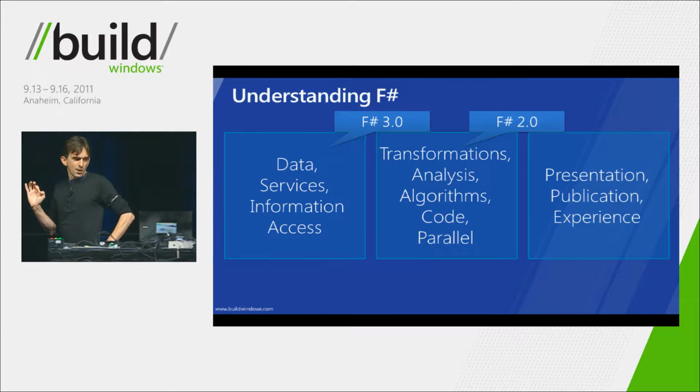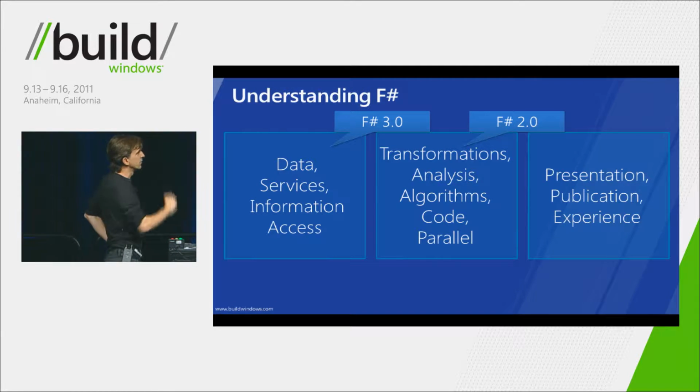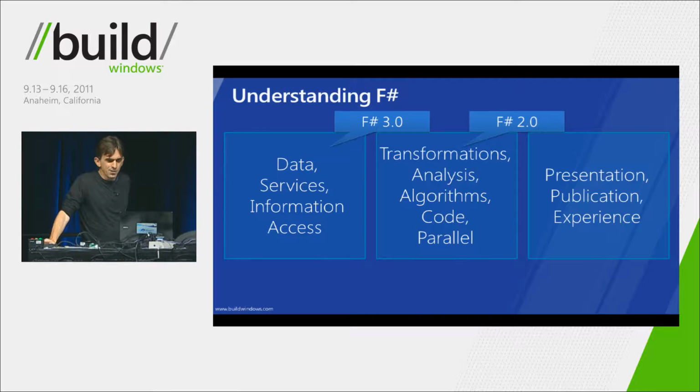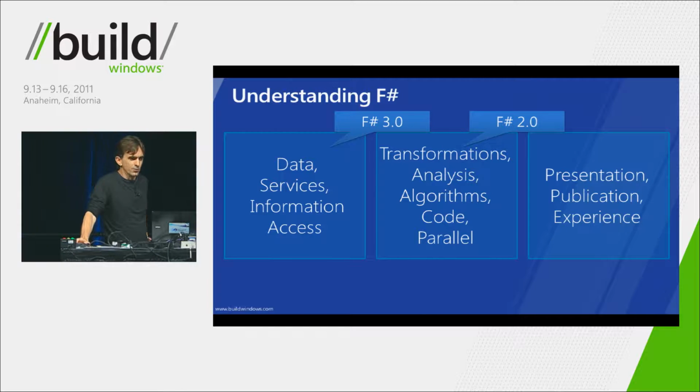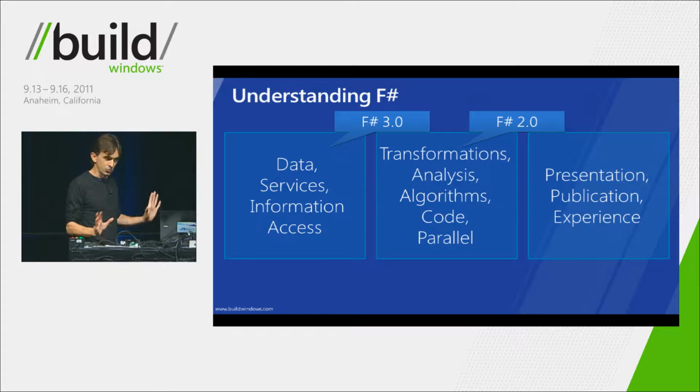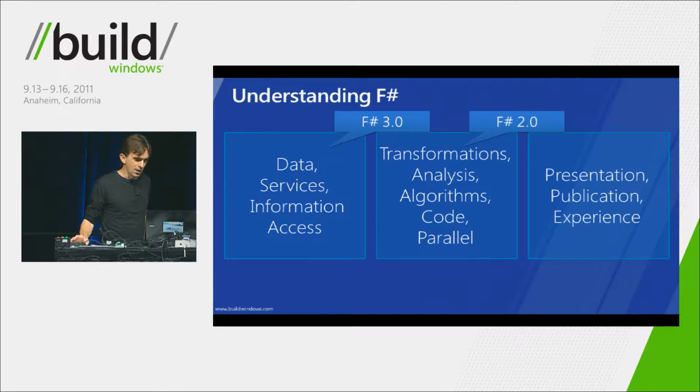The focus of F# 3.0 is all about data services and information access, and about doing something very special in the language, which allows F# to be a unique language for accessing rich information spaces with a fluency of a kind that no other language can achieve. And I hope by the end of today's talk you'll understand what some aspects of what I mean by that.